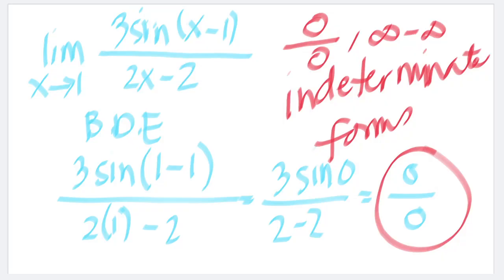Okay, so what about other examples to evaluate? So we know that evaluating this limit, we get indeterminate forms, but if we try it graphically, we might be using graphic calculators that are programmable, that are capable of graphing a function or graphing an equation.